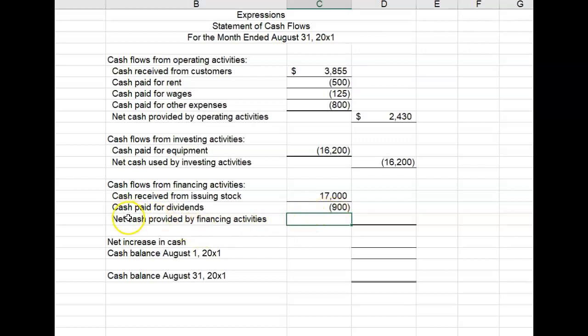And let's then calculate net cash provided by financing activities. And I know that I need to use the word provided instead of used because obviously a lot more cash came in than was paid out for financing activities. Net cash provided by financing activities is $16,100. That's $17,000 of cash coming in because we sold some stock, minus $900 cash going out because we paid dividends. So now we need to calculate a net increase in cash.